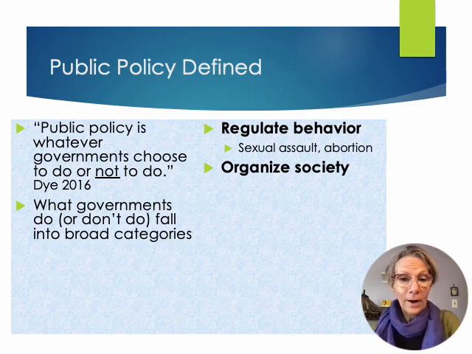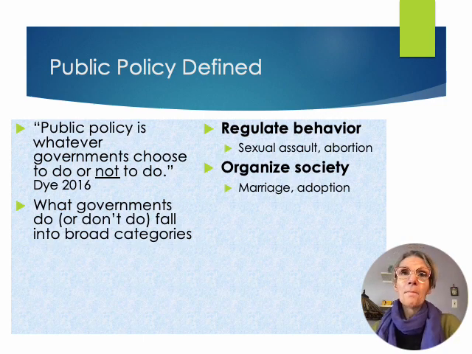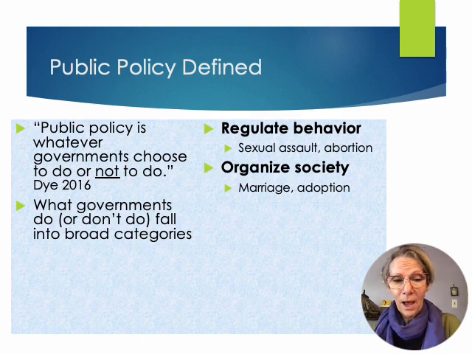Public policy organizes society. Public policy tells us who you can marry, okay? It used to be that marriage was defined as between only a man and a woman. That public policy has changed. Right now there are still limitations on who can get married.